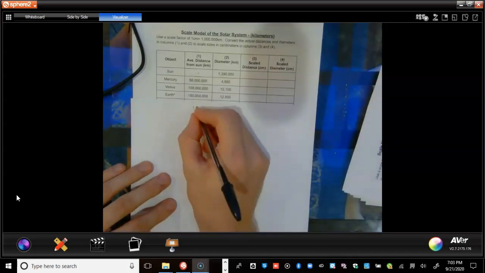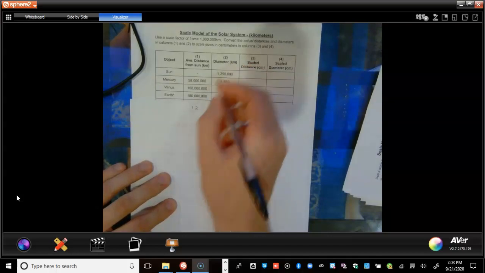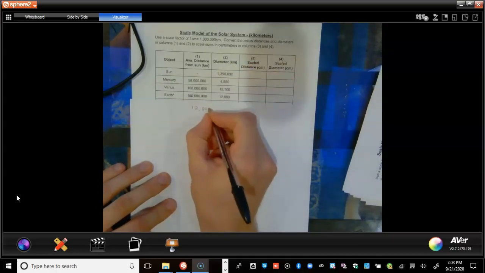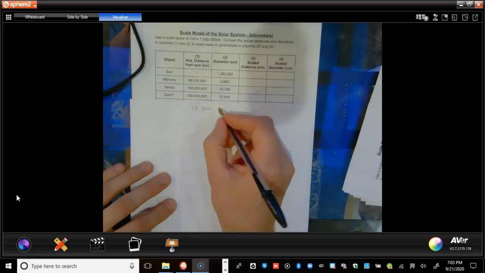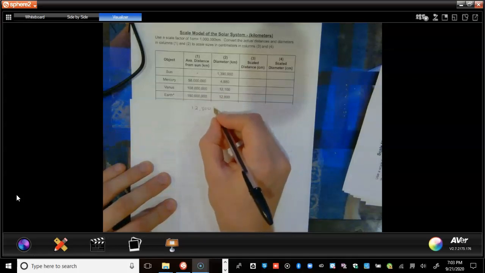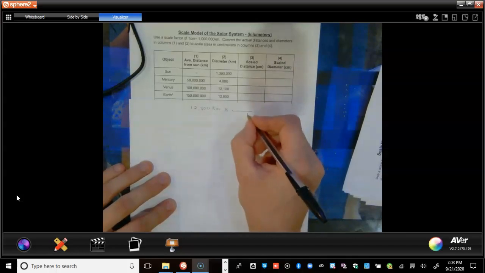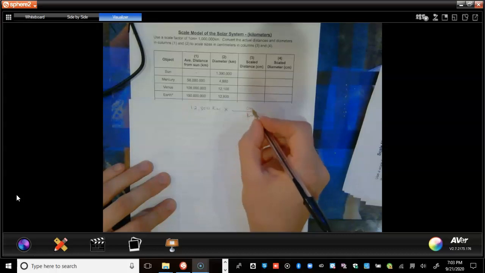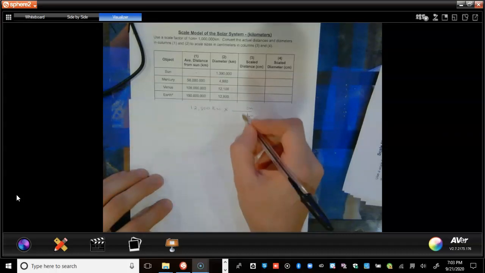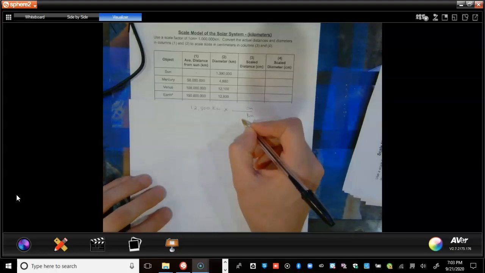1 million kilometers is going to be equivalent to 1 centimeter. So let's start with the diameter, 12,800 kilometers, and I'm going to put km on the bottom and centimeters on the top. I always put what I want on top and what I want to get rid of on the bottom.